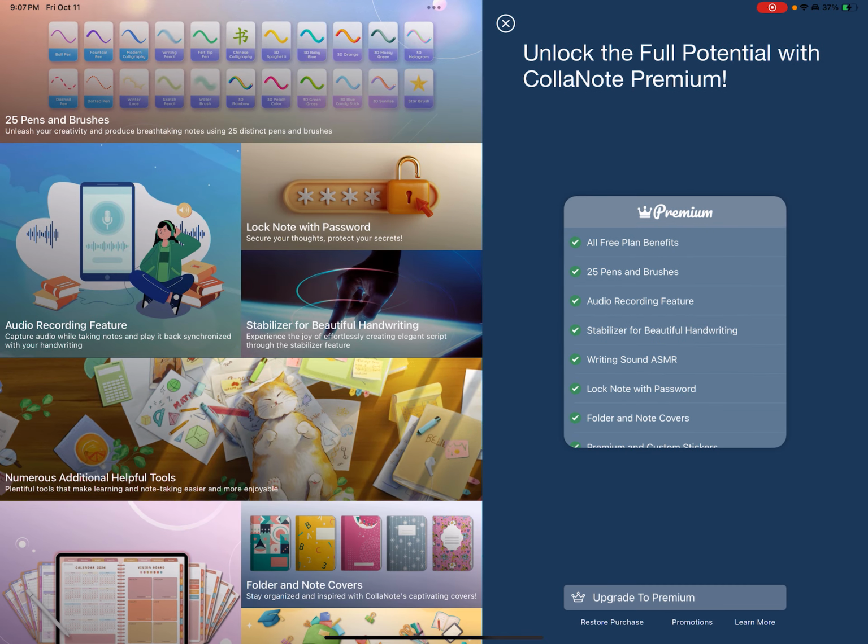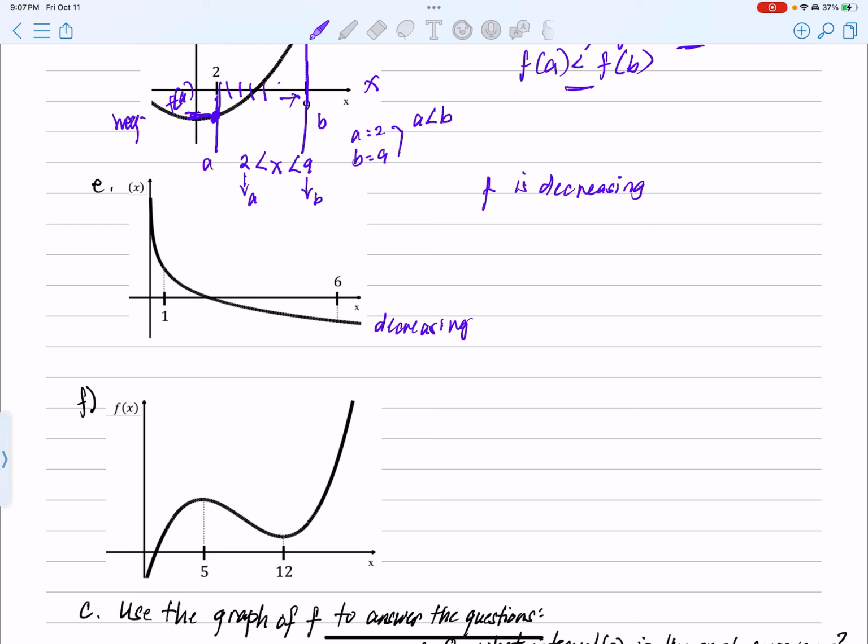So how would we say it in the interval? You start by saying "in the interval." What is our interval here? This is 1 to 6, right? So our interval is between 1 to 6. In the interval from 1 to 6, that's how you're going to write your interval.